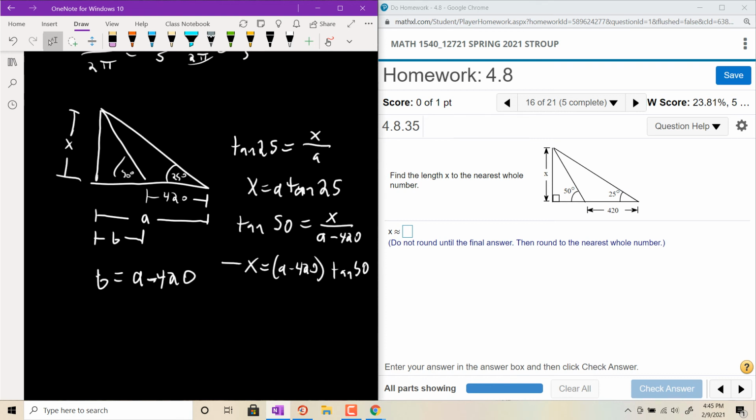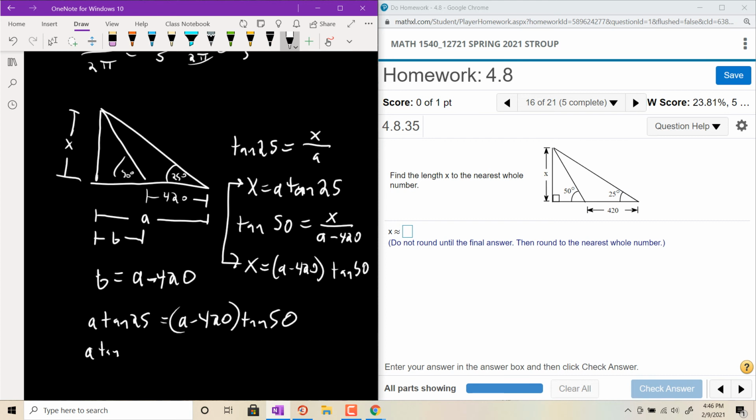Notice that x has 2 expressions here, and so you can do a substitution. In other words, set those 2 equal to each other. So you have a tan of 25 equals a minus 420 tan of 50. And then hopefully you could solve for a here.